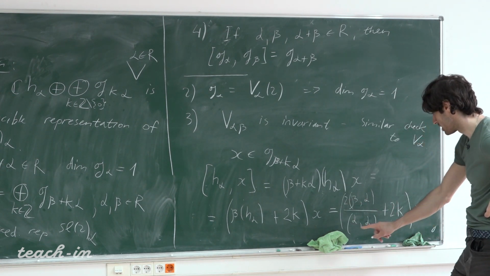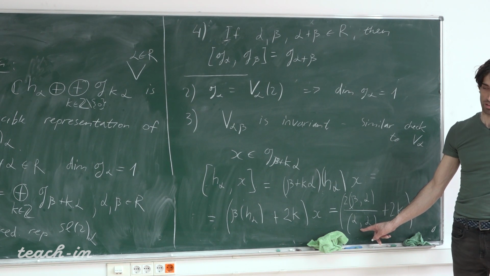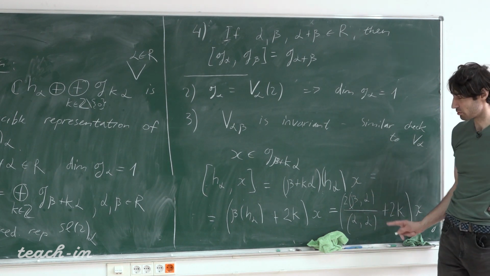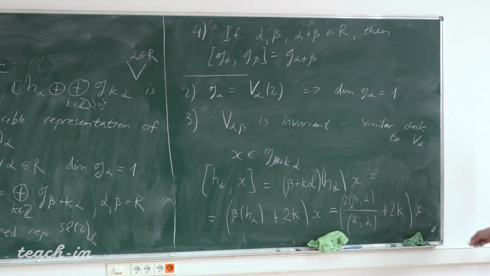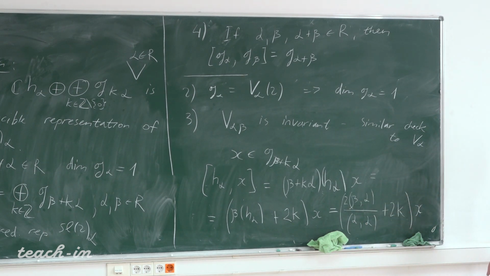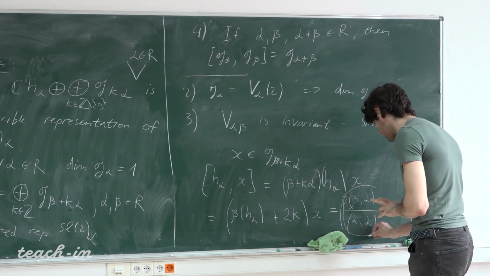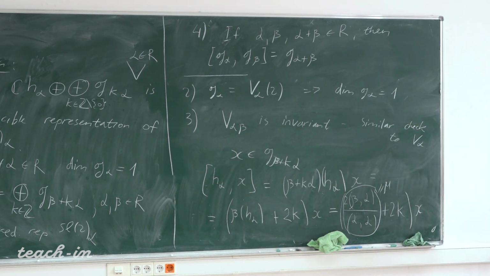So this number is pretty important. We will see this over and over again. This is an entry of what's called the Cartan matrix. So this will be a very familiar formula for us. Anyways, for now, let us just fix alpha and beta and call this thing some weight mu, right?